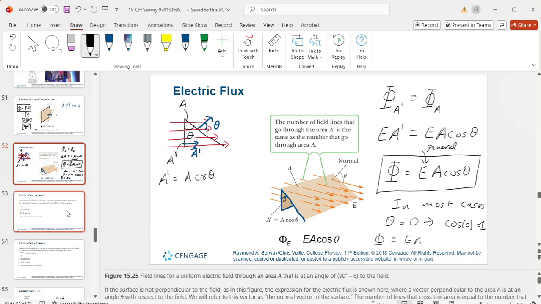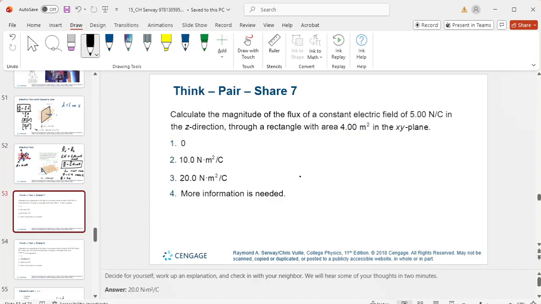All right. So just a couple of quick thought questions here. Calculate the magnitude of the flux of a constant electric field of 5 newtons per coulomb in the z direction through a rectangle with area 4 square meters in the xy plane. Let's see how well I can draw this.